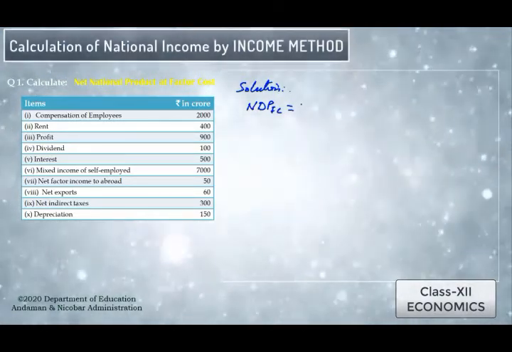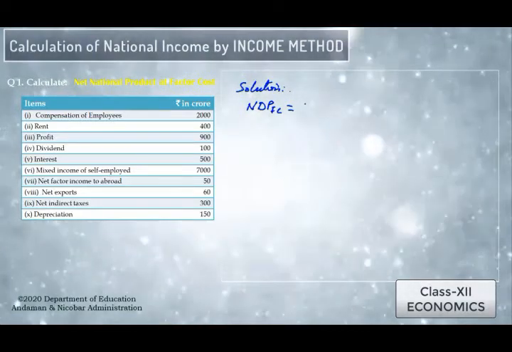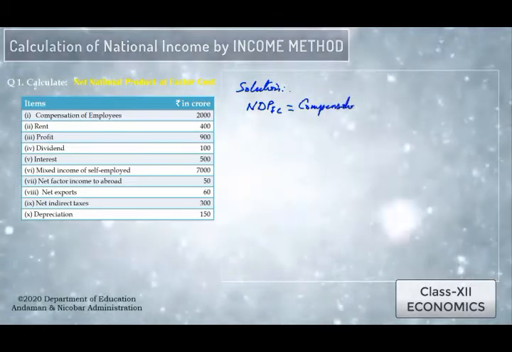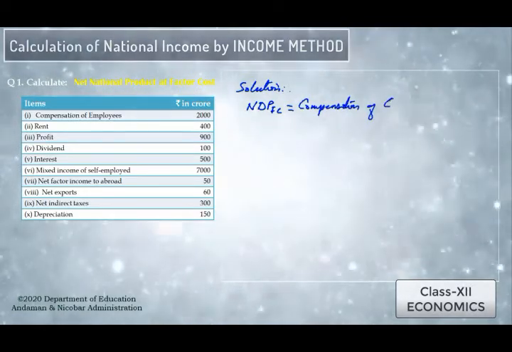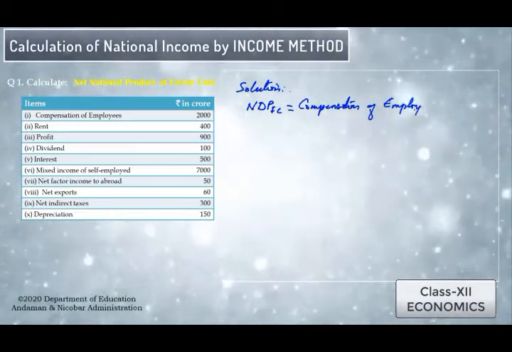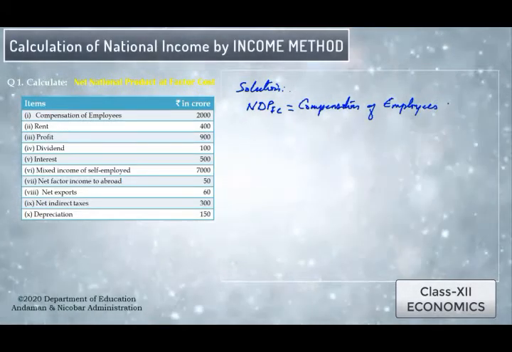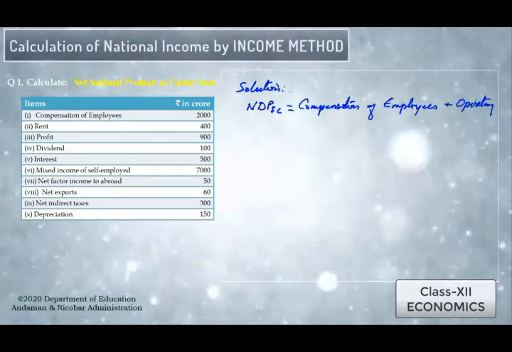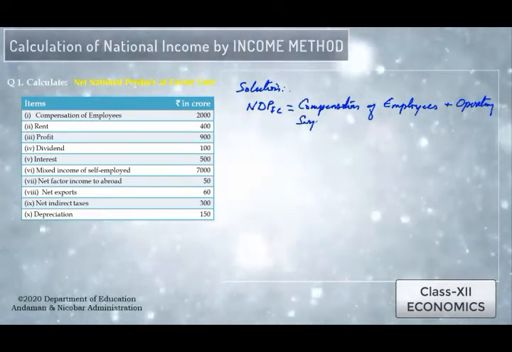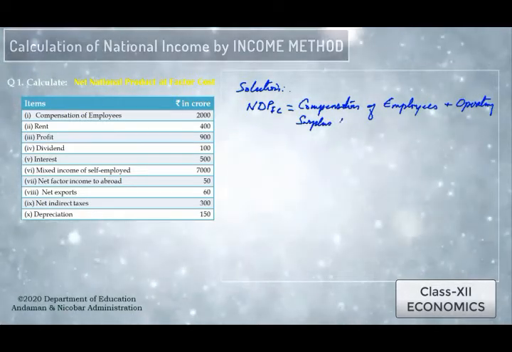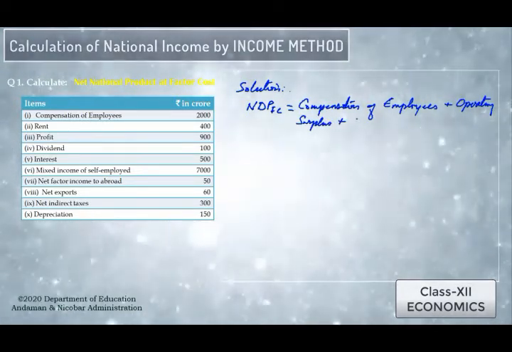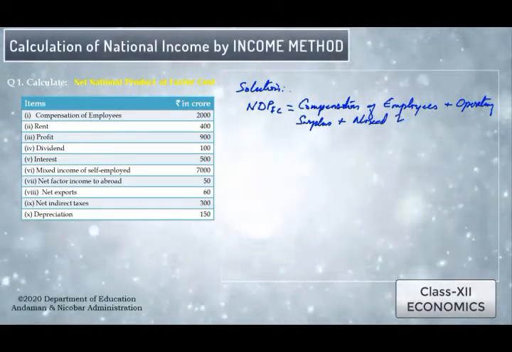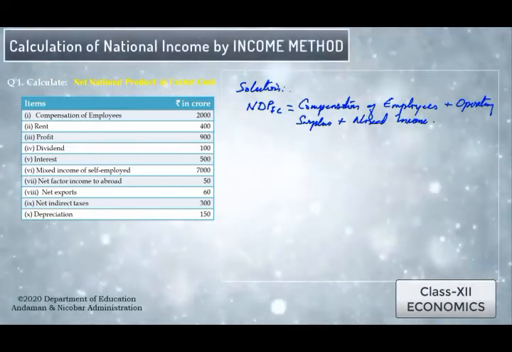That is, NDP at factor cost is equal to compensation of employees, added with the value of operating surplus, which includes the value of rent, interest and profit, and along with this we will add the value of mixed income of the self-employed.